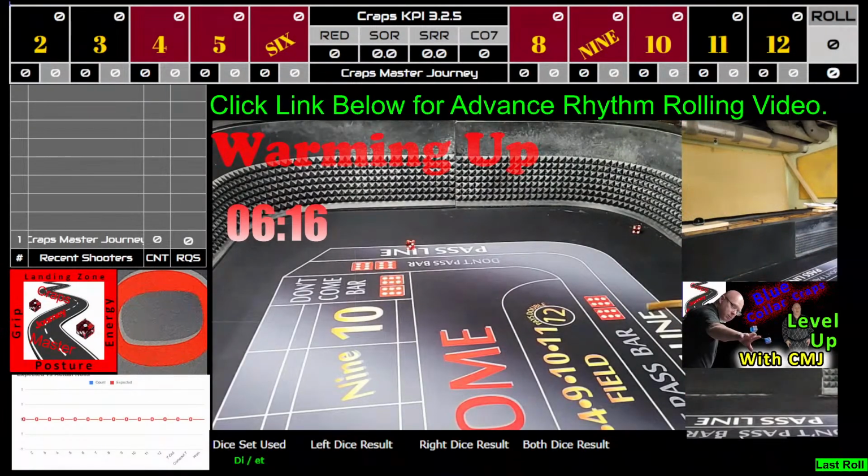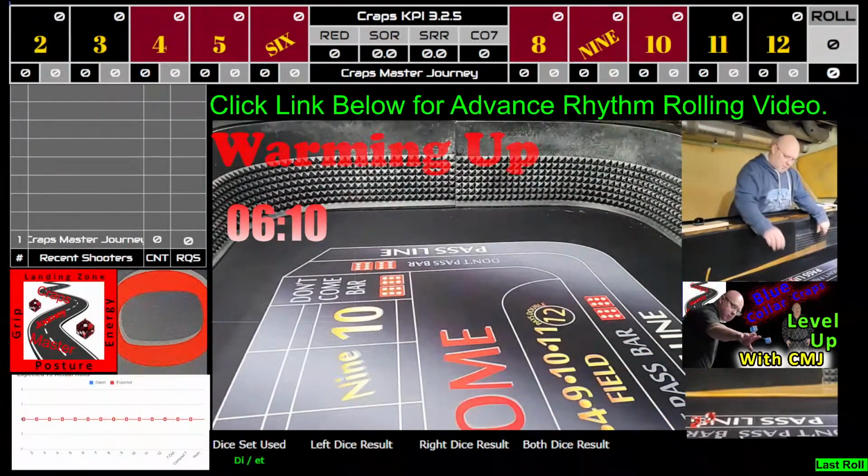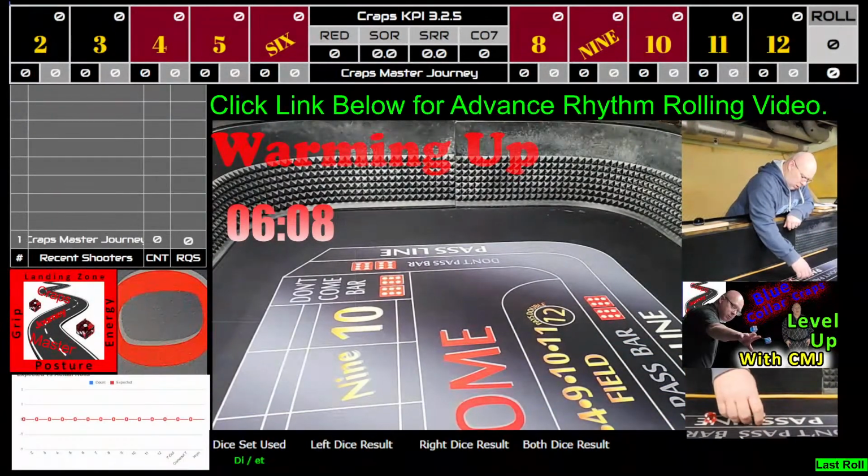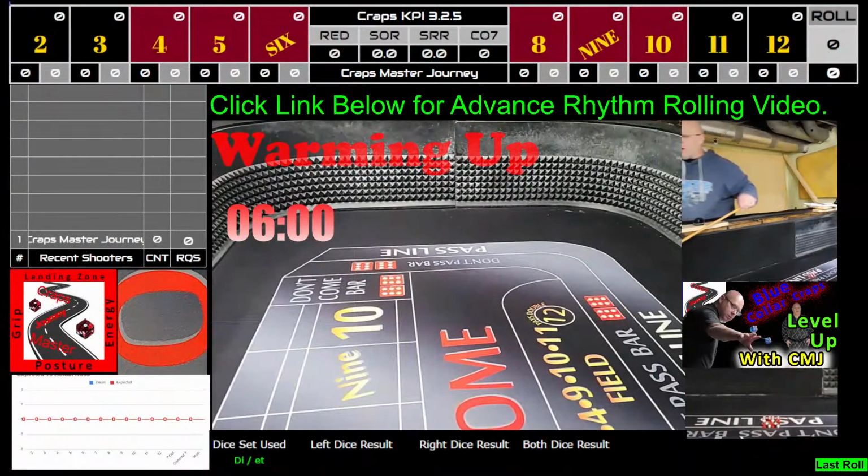One of the things I want to address here today is landing zones. In the past, I have made a big deal about the landing zones, like way in the past. I even put a little square on this part of the table, which is where my landing zone is intended to be.